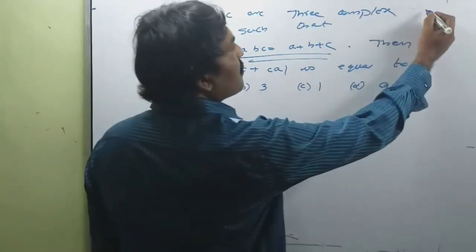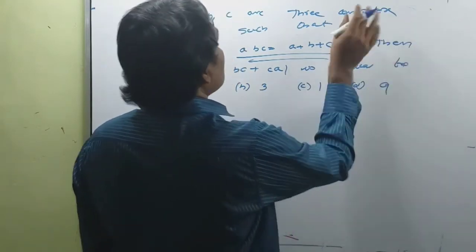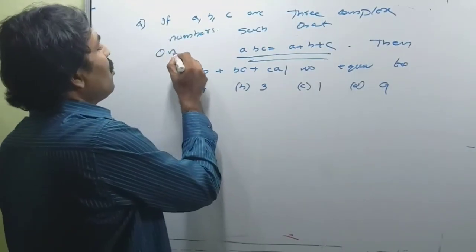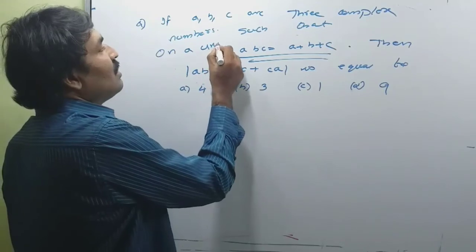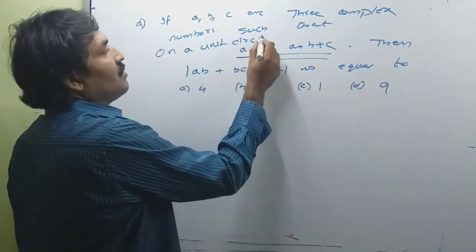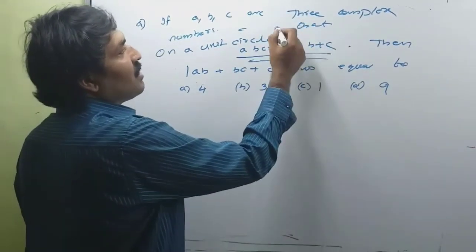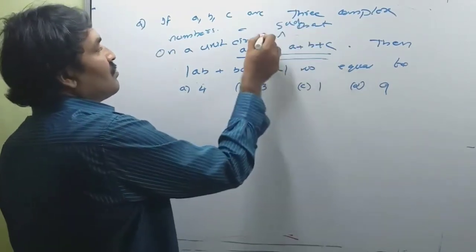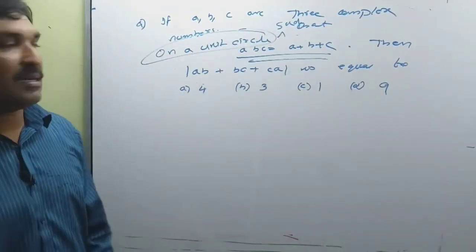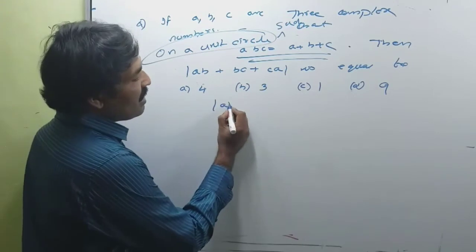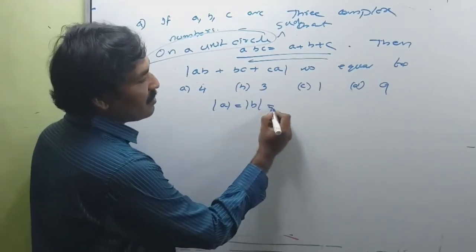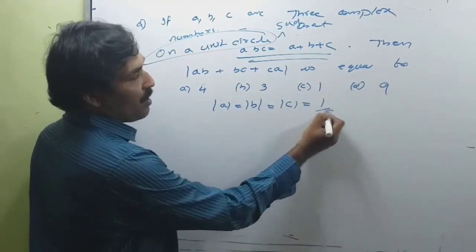A, B, C are 3 complex numbers lying on a unit circle. So mod A is equal to mod B is equal to mod C is equal to 1.